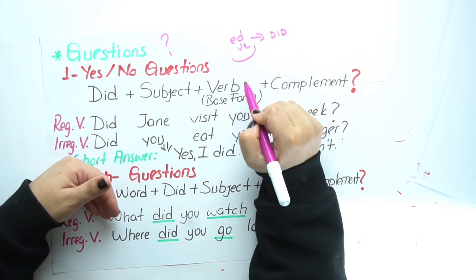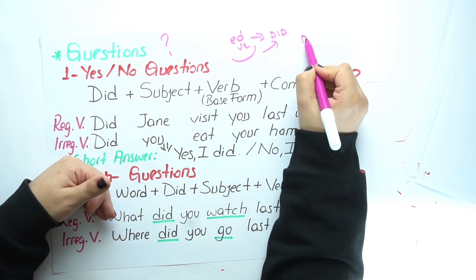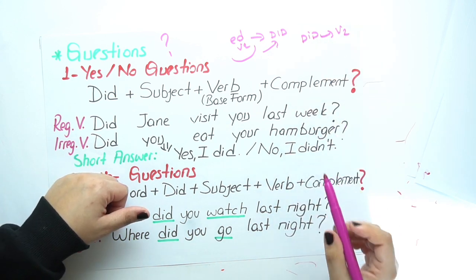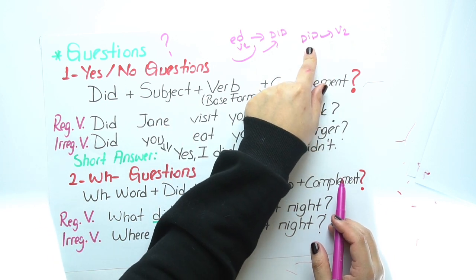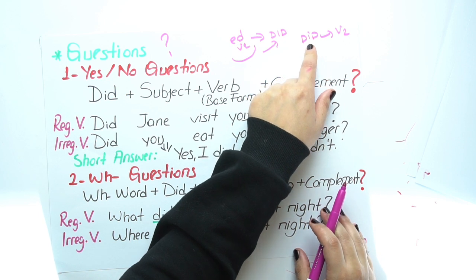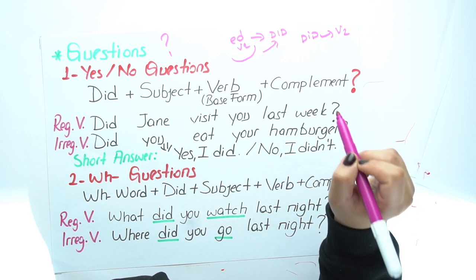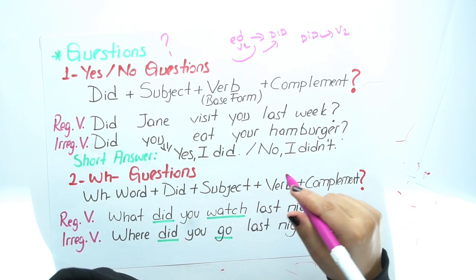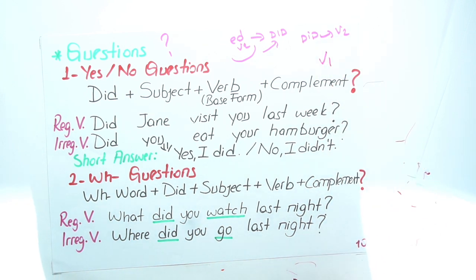So if I have the sign, I don't need did. If I have did, I don't need the sign. So that is to say, if we have did or didn't, we don't use verb 2, okay? If I see did in the sentence, my verb should be in the base form.